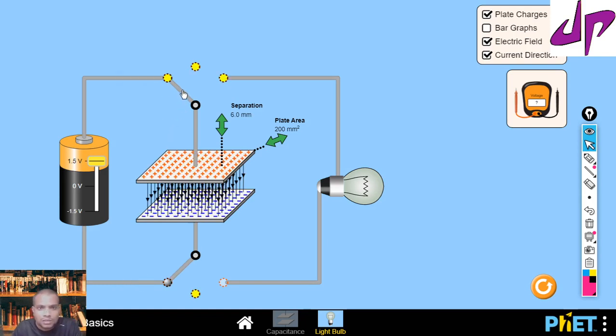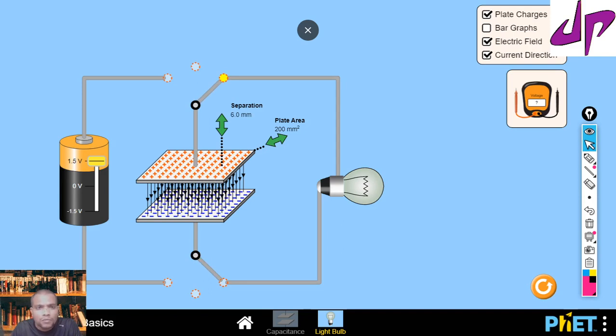Let me charge one more time. Now the capacitor is charged. Now it is disconnected. The charge is stored, and these two plates have a potential difference. If you connect it to a bulb, what happens here?